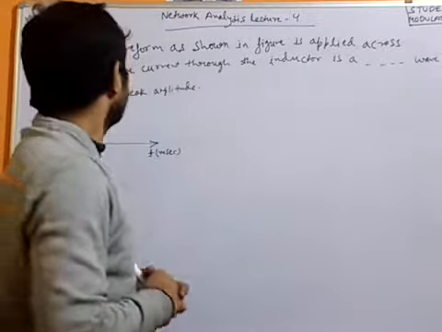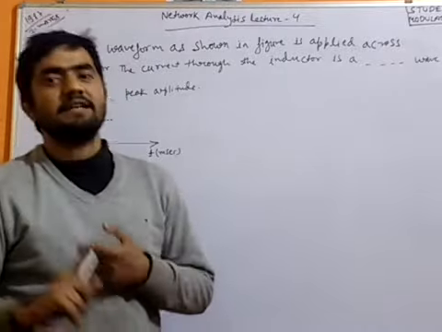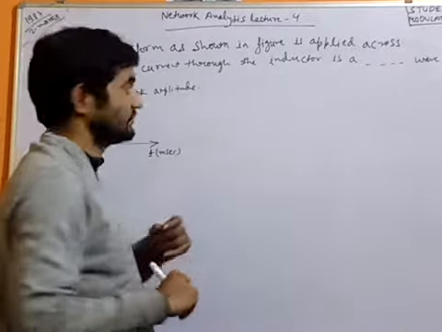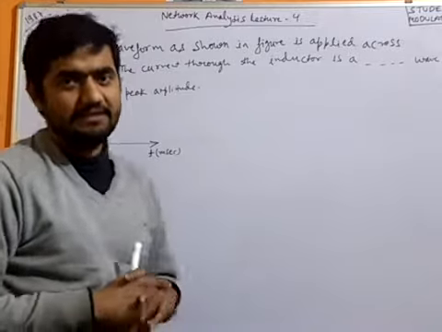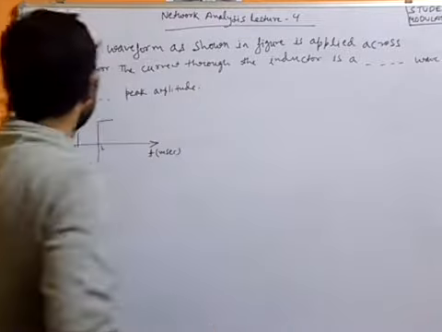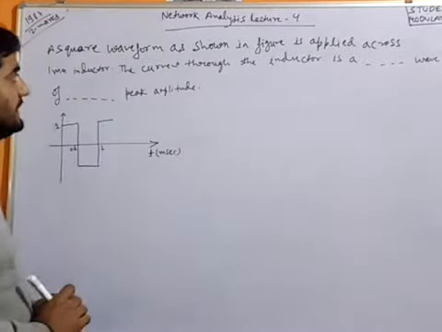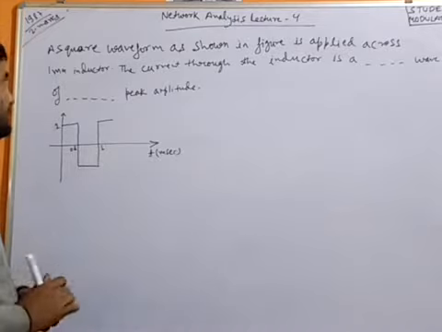Before starting the topic of capacitance, I would like to solve one question related to the inductance that we studied in the last class. This is the question: a square waveform as shown in the figure is applied across a 1 millihenry inductor.